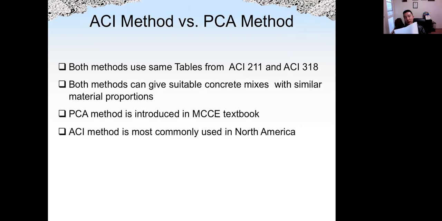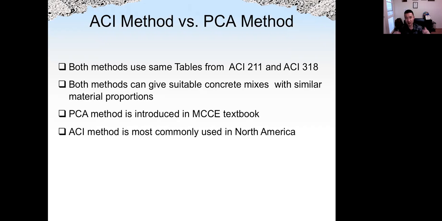Before we go into an example, let's discuss two popular methods we can use to design a concrete: the ACI method and the PCA method. ACI means American Concrete Institute, and PCA is Portland Cement Association.